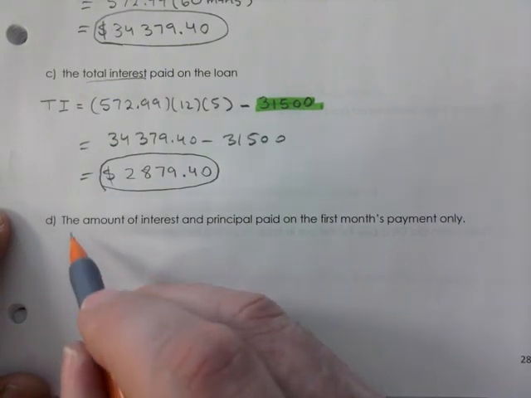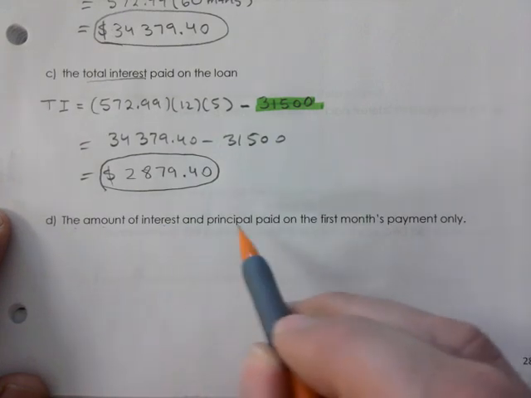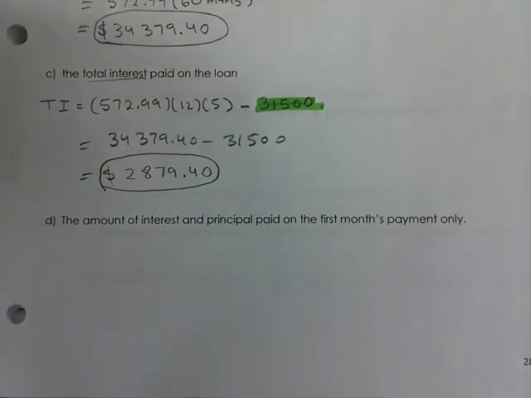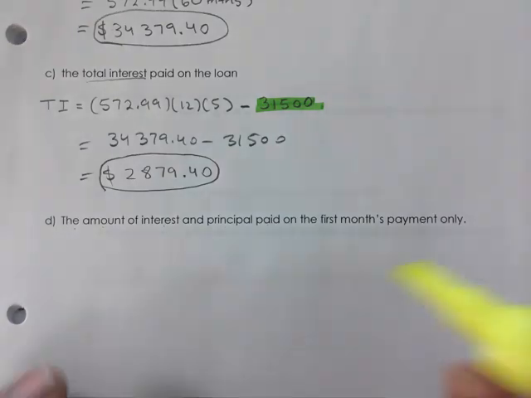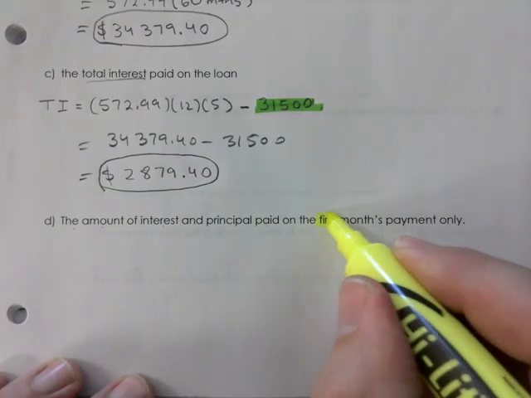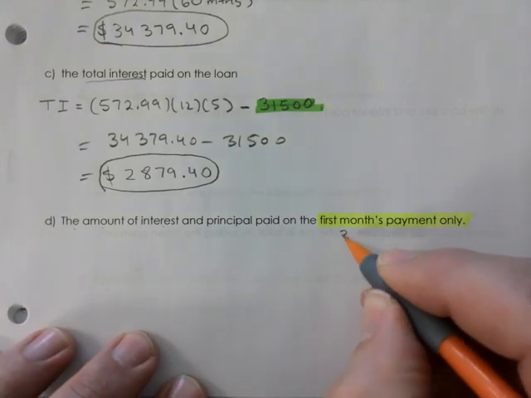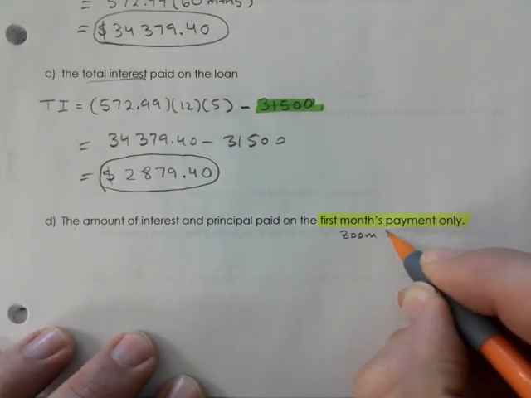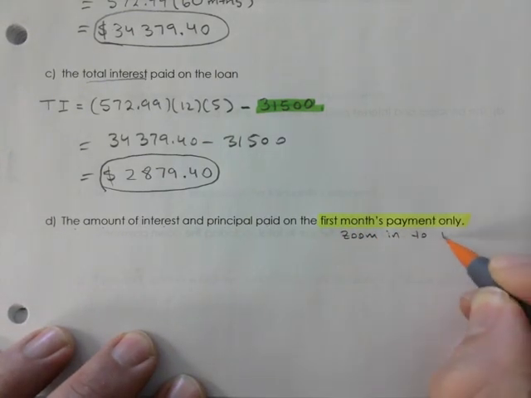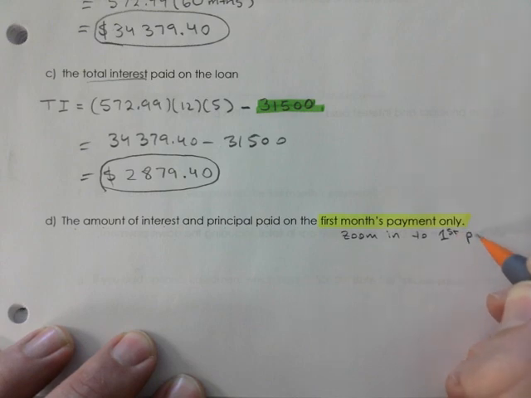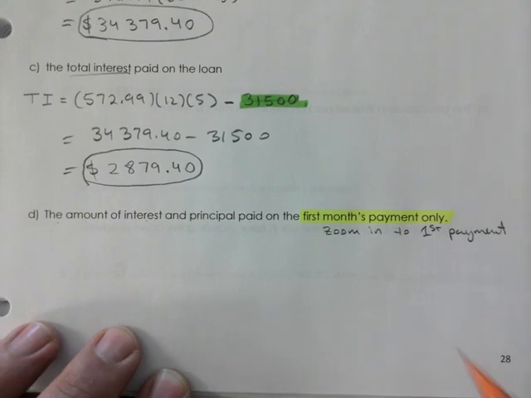Last question, guys. The amount of interest and principal paid, this is key here, the first month's payment only. First month's payment only. You're zooming in to the first payment. It's basically what you're doing. You're zooming into the first payment.